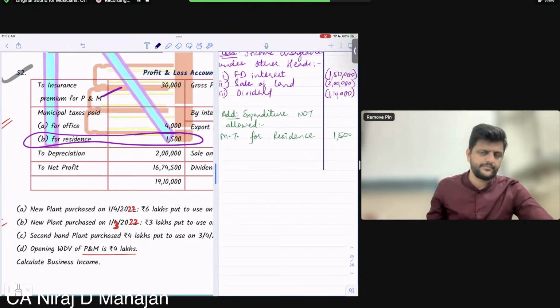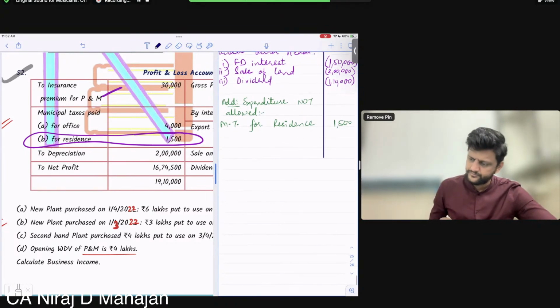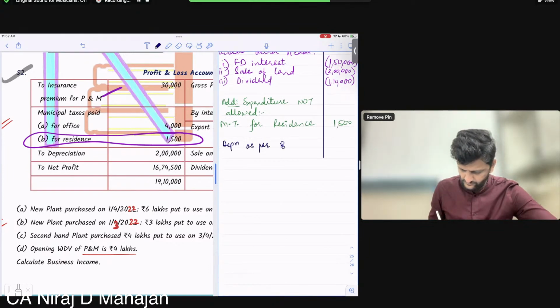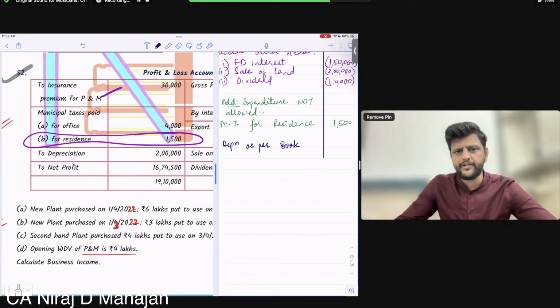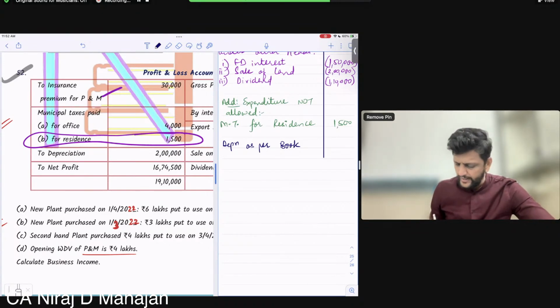And what about depreciation, बच्चों? We do not allow book depreciation, simple. So again add. We call it book depreciation, or depreciation as per books of accounts. Same thing. So it is a ready-made figure given to us, 2 lakhs.